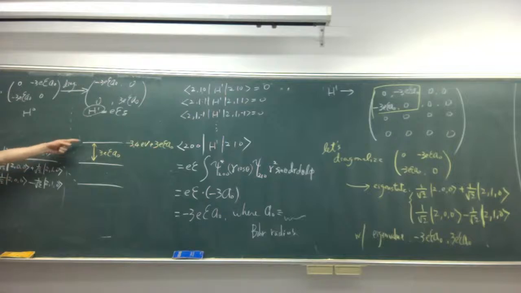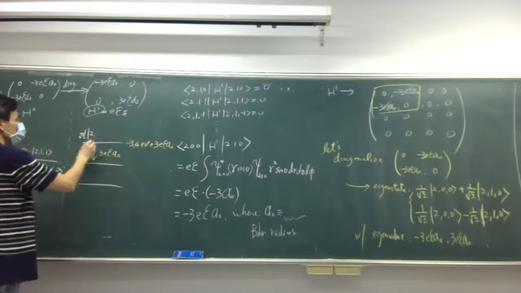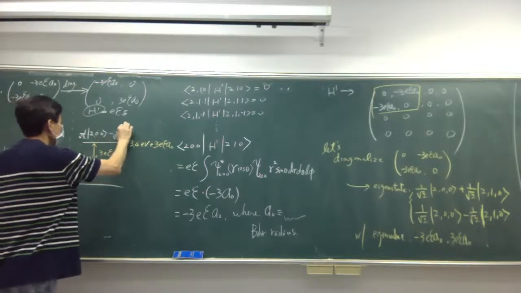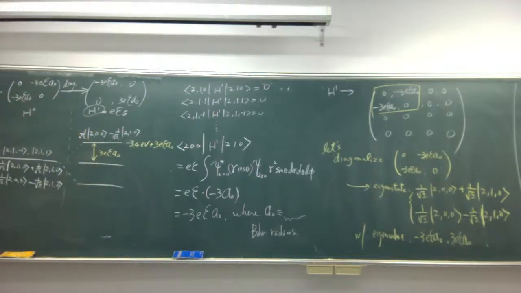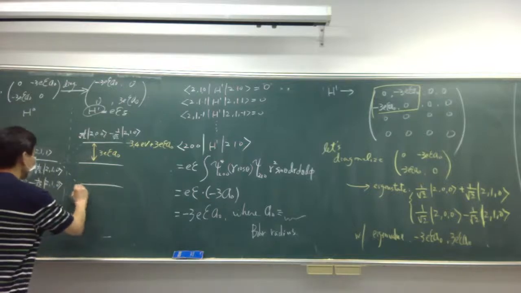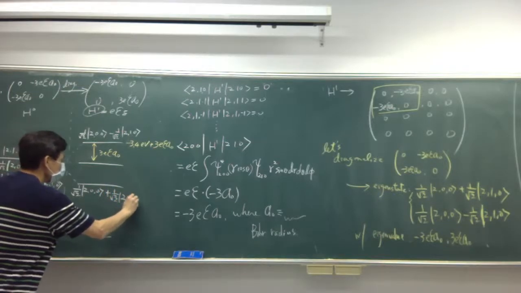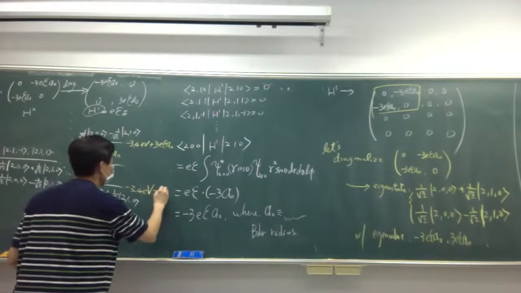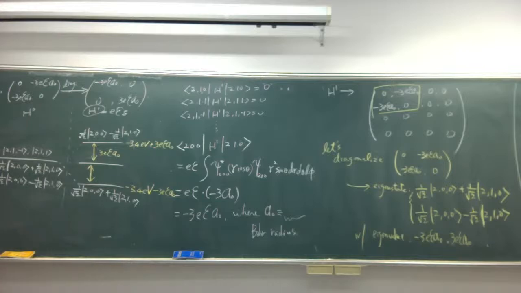Which state will go to here? This state will be raised up: the (2,0,0 minus 2,1,0) state. Another state will be pulled down: (2,0,0 plus 2,1,0), pushed down to minus 3 E A naught. The same splitting, but split down.